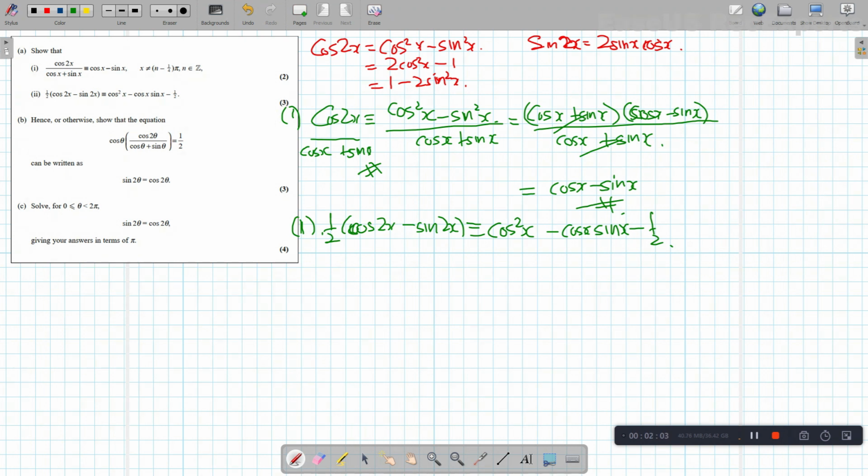Otherwise, you have to try one of each identity. But the more practice you do, you'll be able to get this.